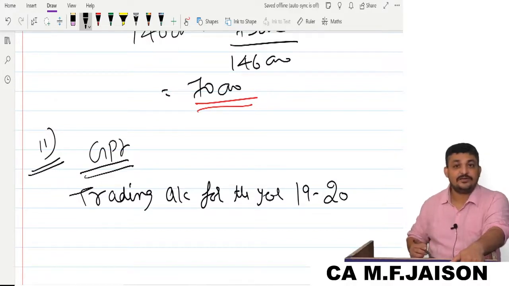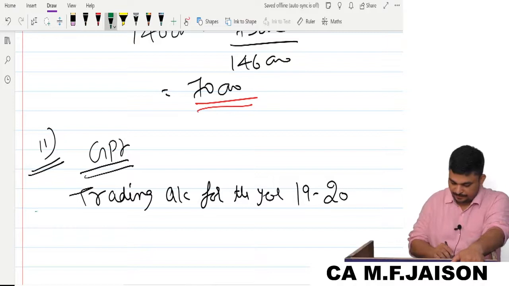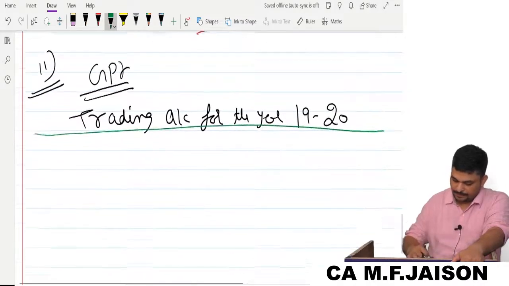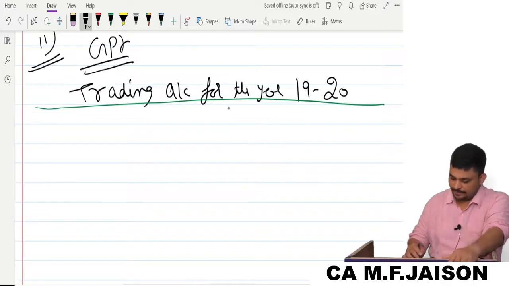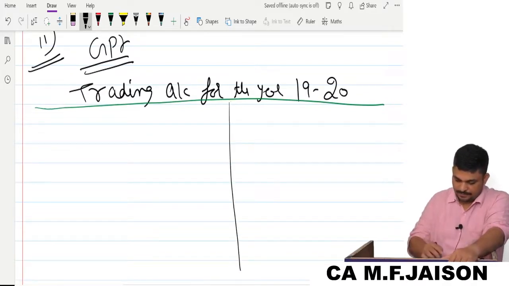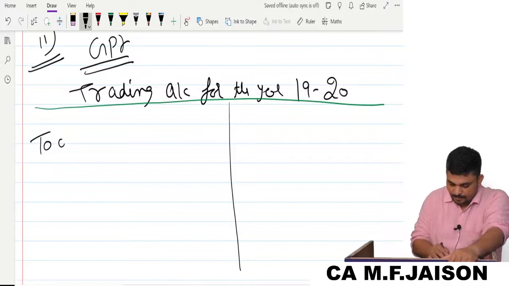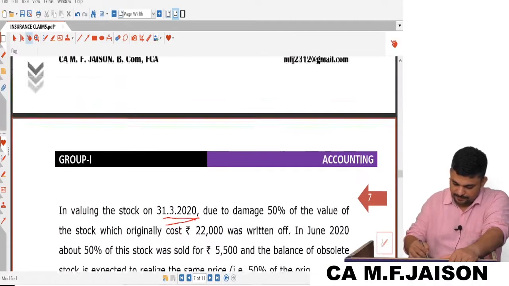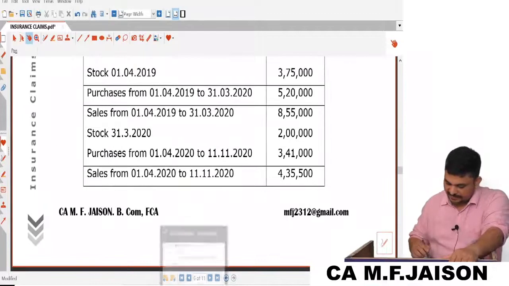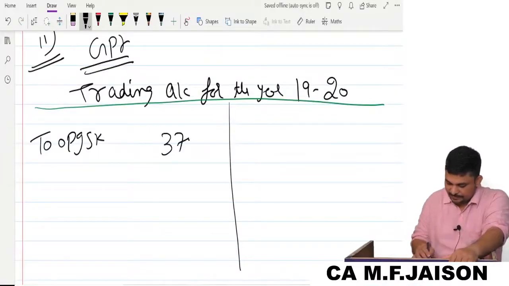Fire occurred in 2021. Two columns or one column? Just one column. Opening stock: how much is the opening stock? 3,75,000. Purchases: what is given in the question? 5,20,000.